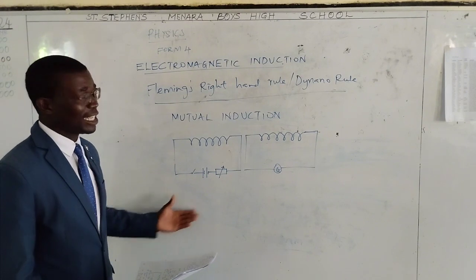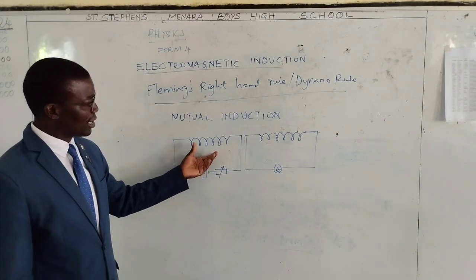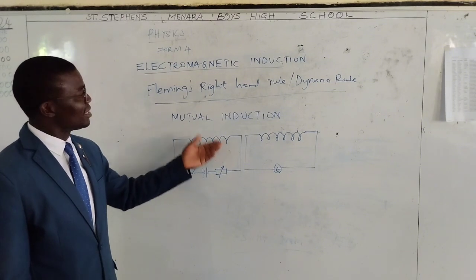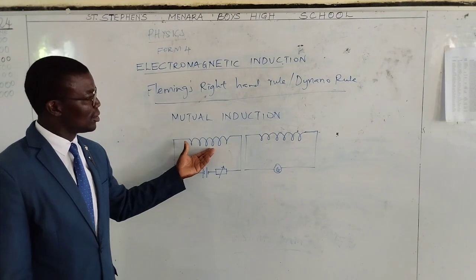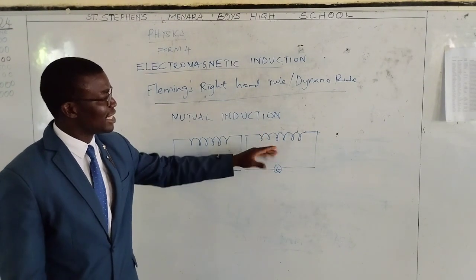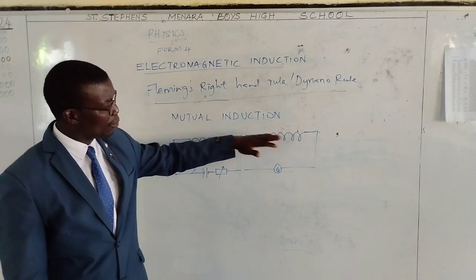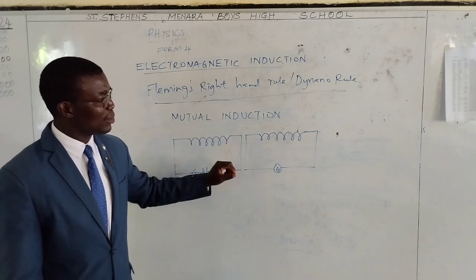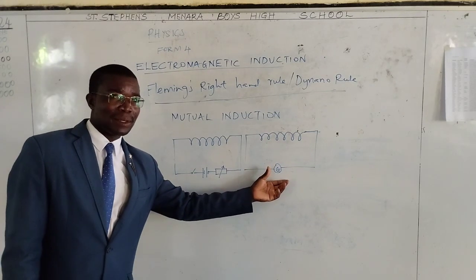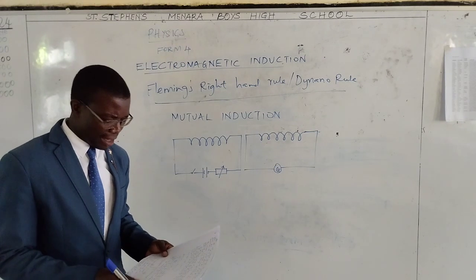This current is varied in steps. The variation in current in the primary coil will cause change in magnetic flux or field, which links the secondary coil, also called the output coil. Whenever there's induced EMF in the output coil, we are going to have induced current flowing, and it will be shown by the deflection of the galvanometer.